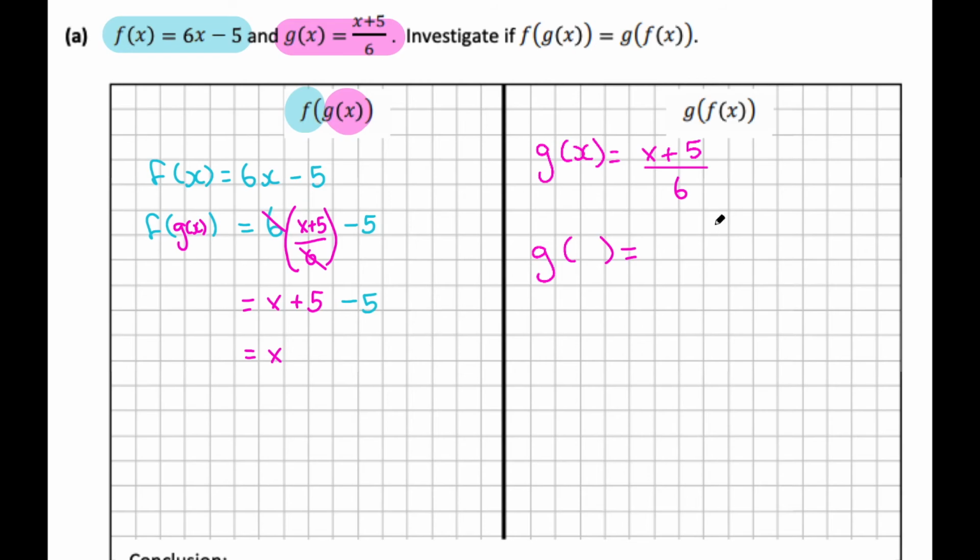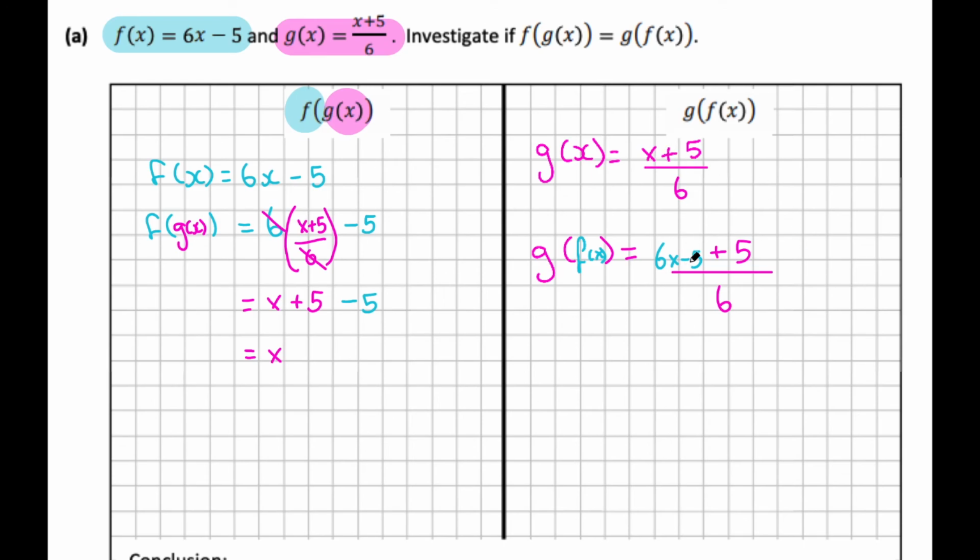So instead of having x plus 5, I have something plus 5 all over 6. I'm now going to have 6x minus 5 going in there, because that's what f of x was. So I'm filling in every time that I saw the x, replace it with f of x.